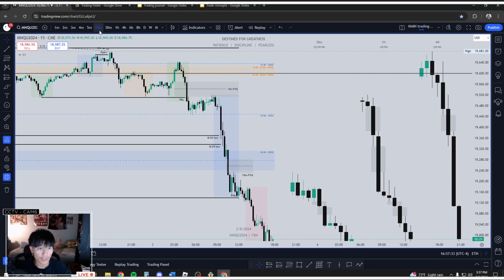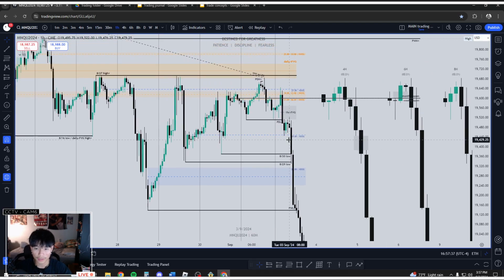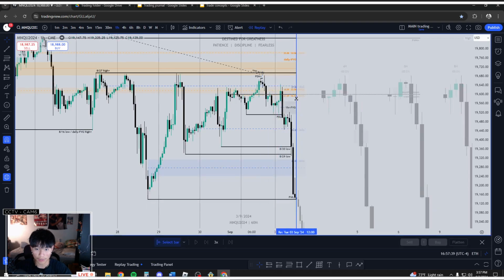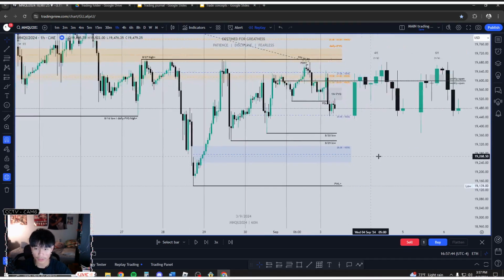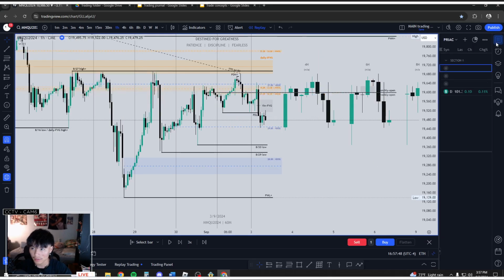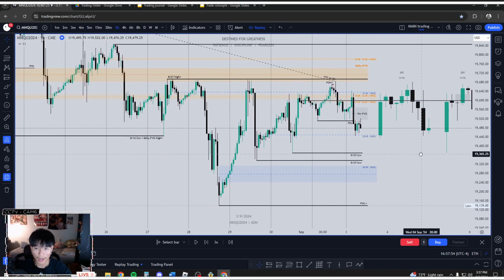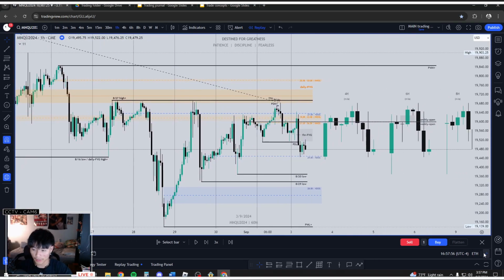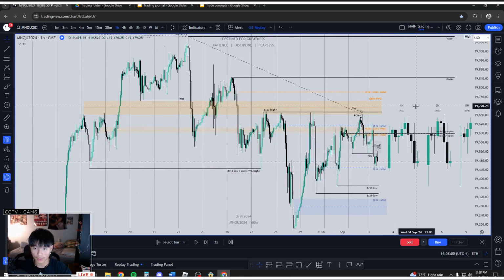First thing, I do want to note where we were during the morning session, before that massive move down where we moved about 636 points lower. I already noted how we had SMTs at the highs with ES.